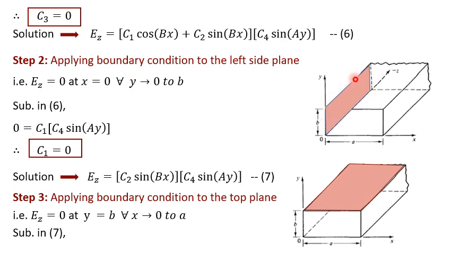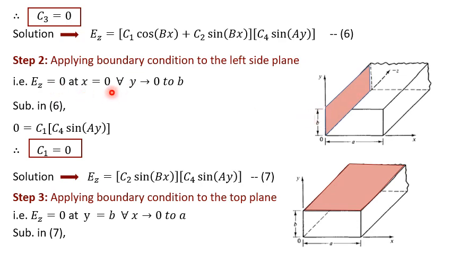The left side plane can be represented as x is equal to 0 for all y ranging from 0 to b. That is what is written over here. So when you apply the boundary condition, Ez will be 0 at x is equal to 0 for all y ranging from 0 to b.